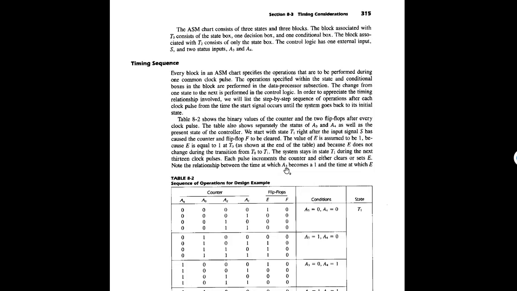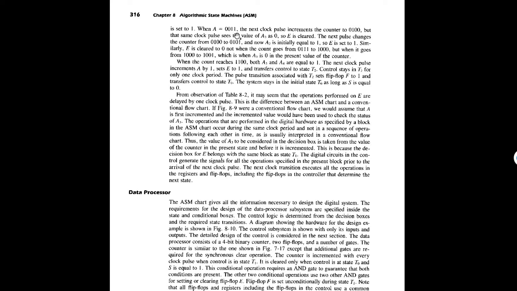Okay, to understand it better, when A equal to 0, 0, 1, 1, the next clock pulse increments the counter to 0, 1, 0, 0. But the same clock pulse sees the value of A3 as 0. When you had 0, 0, 1, 1, the clock pulse did increment it to 0, 1, 0, 0.